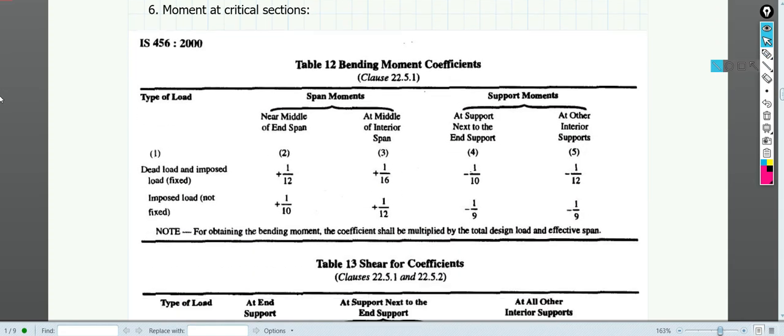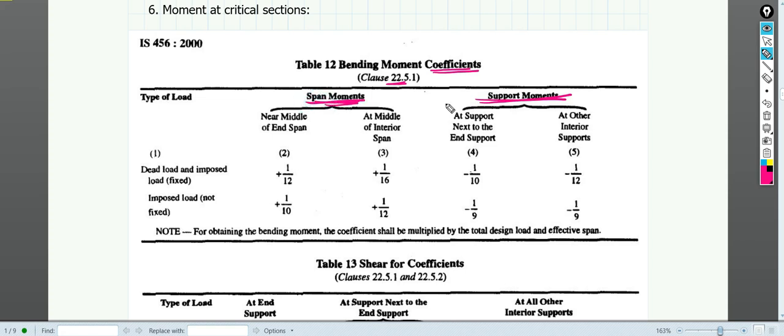Now how to calculate the critical moments. For that, in the IS code, in Table 12, some coefficients are given. This is for the bending moment coefficient. You can also find it in clause 22.5.1. Here it is mentioned a span moment and a support moment.